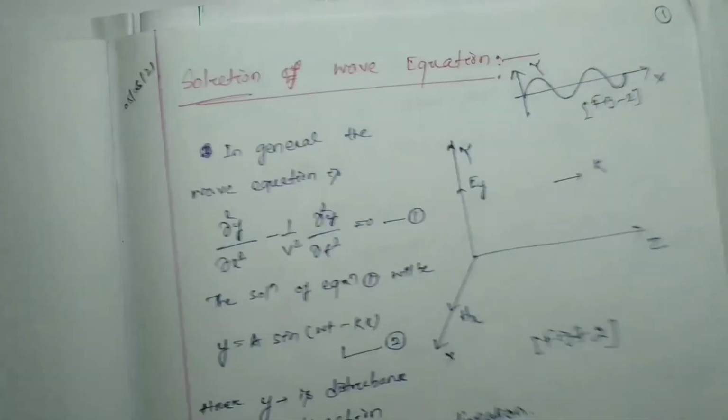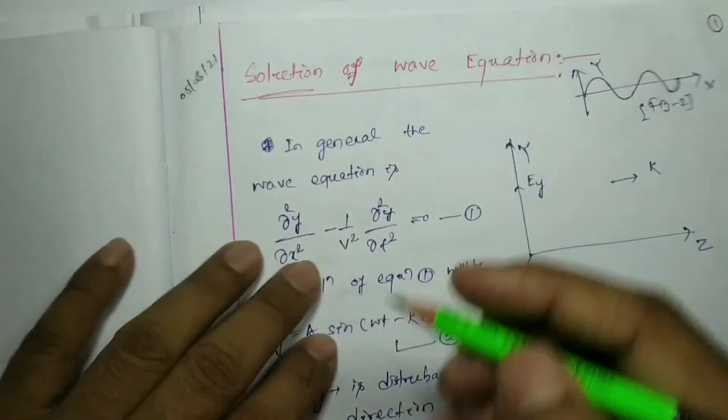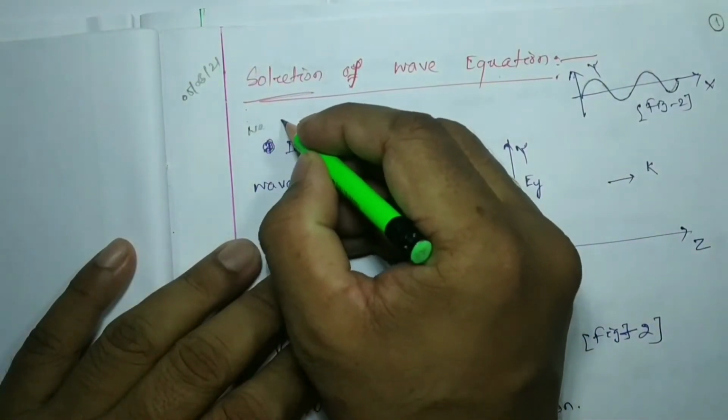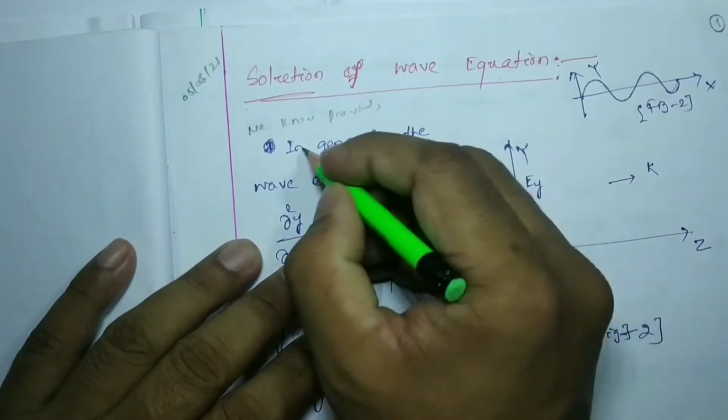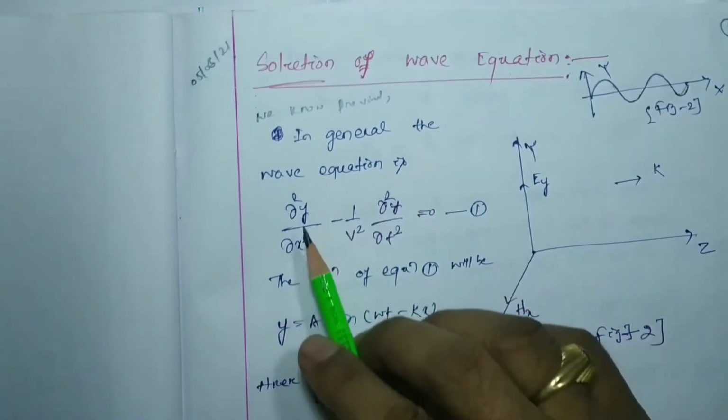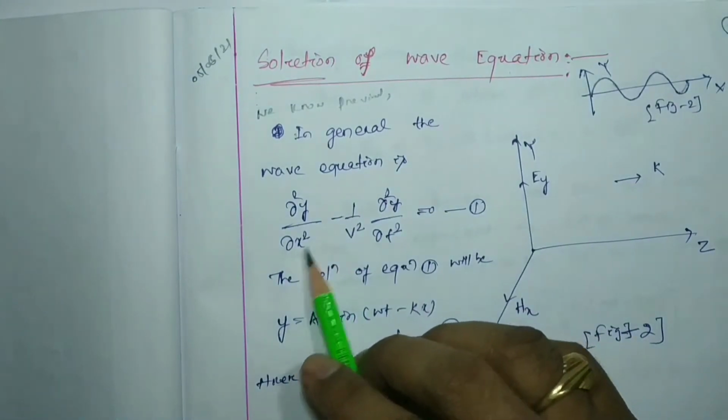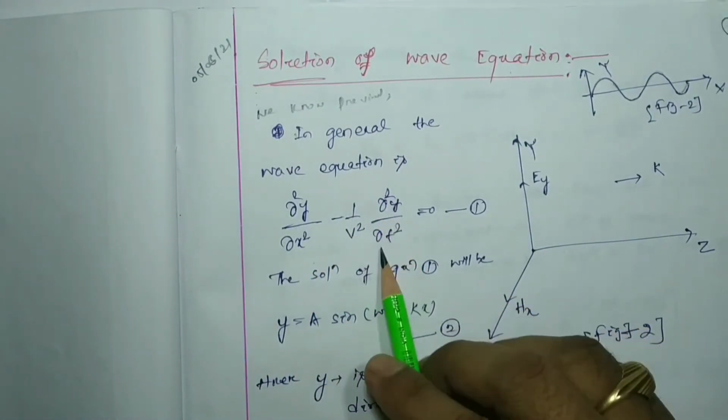We know previously that in general the wave equation is del square y by del x square minus 1 by v square del square y by del t square equal to 0.